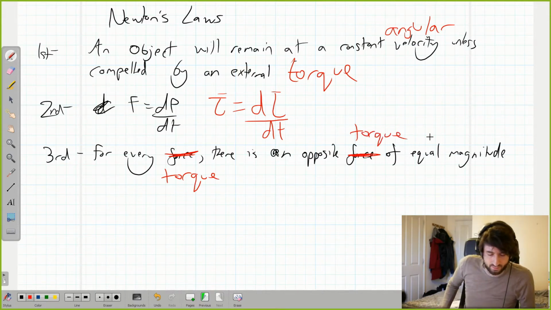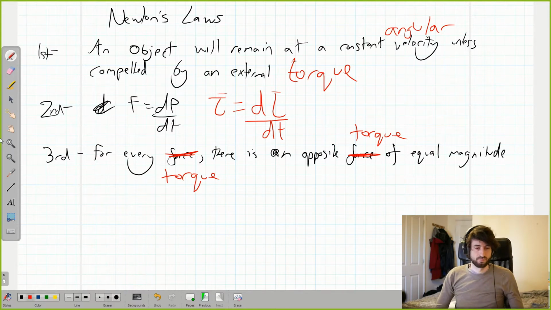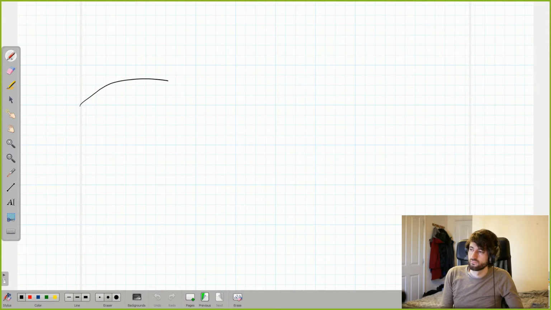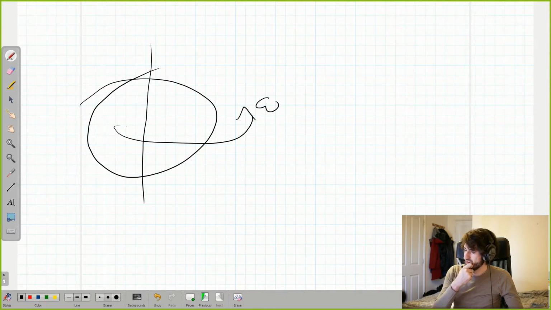Okay? So actually what this means is, let's say you walk on the Earth, and it's spinning this way. You walk around the Earth, so you're standing here at the equator, and you foolishly start walking east.